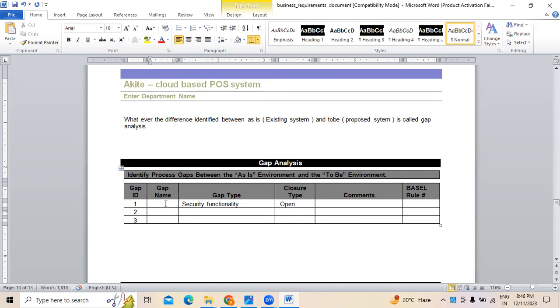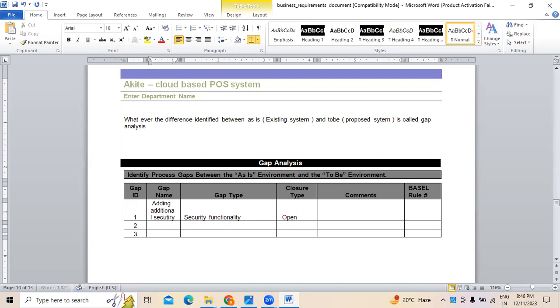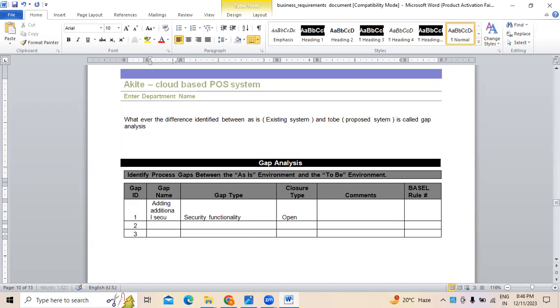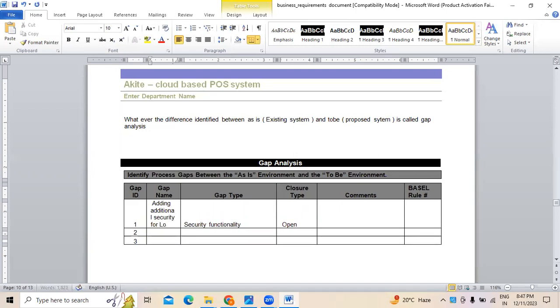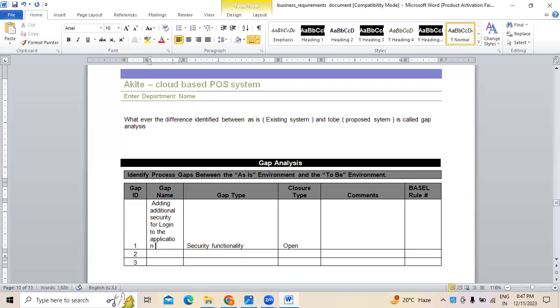Comments, gap name: adding additional security per login to the application. This is the gap name. What kind of gap? Security functionality. Open. Comments, if there are any, we'll write later.